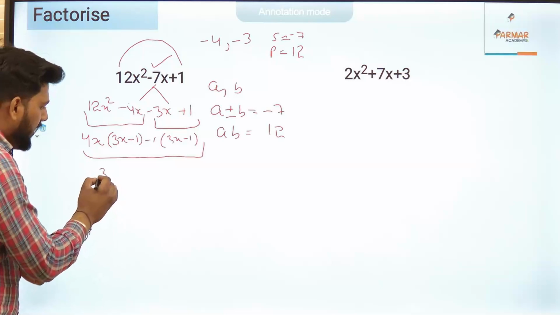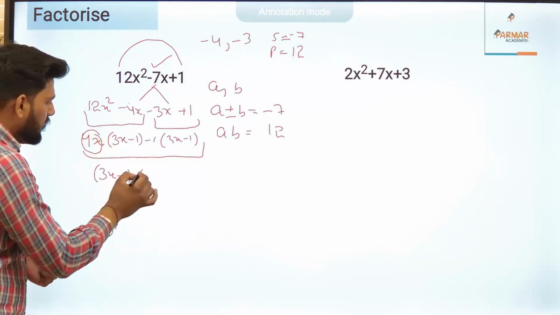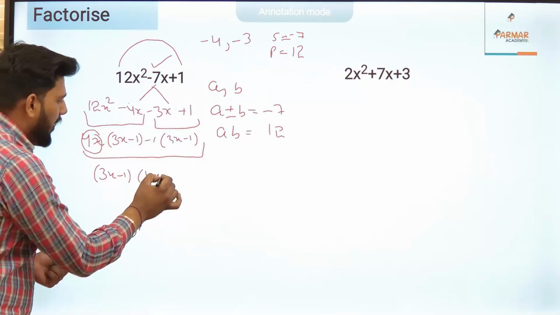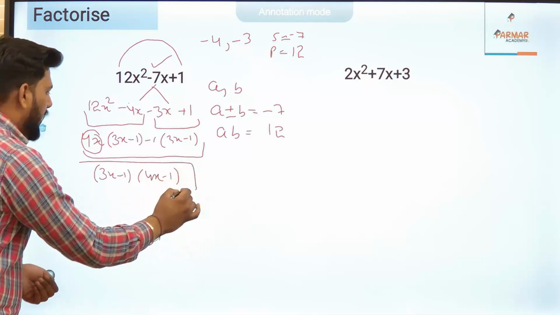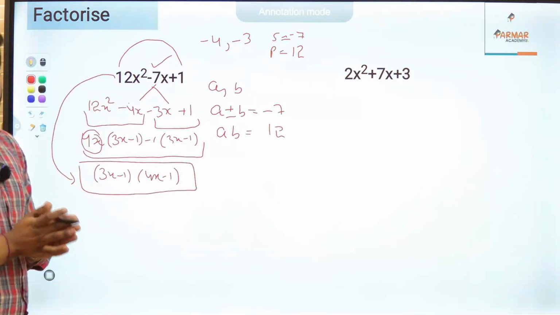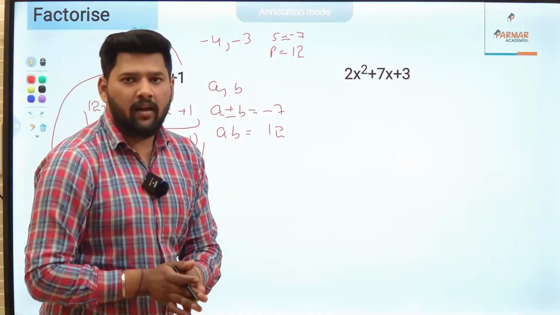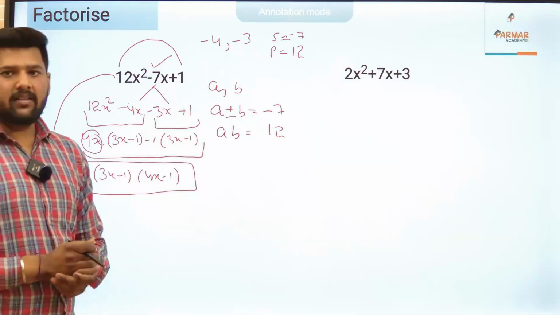That is 3x minus 1. We will be left with 4x here and minus 1 here. So this is the factorization of this polynomial. Means 12x square minus 7x plus 1 factorized into 3x minus 1 and 4x minus 1.